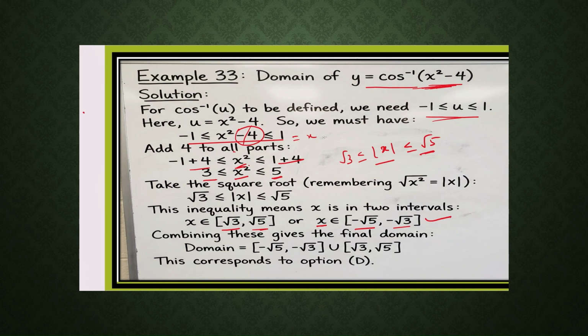Both conditions are satisfied, so x lies in the union of these two: closed interval minus root 5 to minus root 3 union closed interval root 3 to root 5. This is the domain of y is equal to cos inverse of x square minus 4.